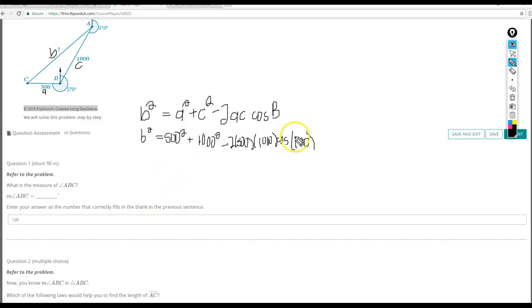Now, cosine of 120 degrees is a ratio, so I know that that is a number.